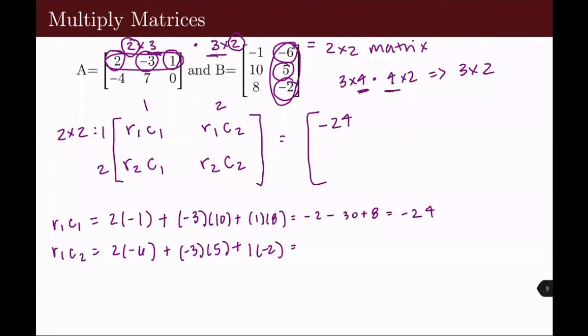This is going to be equal to -12 minus 15 minus 2, which is negative 29. So my row 1, column 2 entry is negative 29. Next, we will do row 2, column 1.